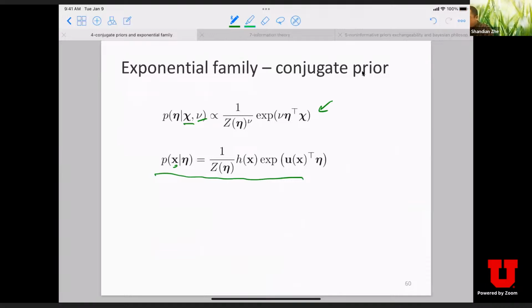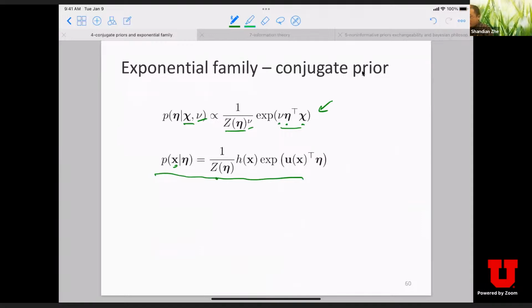In the denominator, I take the same form of z of eta as in the likelihood, but now I take a power of nu. And in the exponent, in addition to this dot product between eta and kappa, I also multiply by a scale nu. This is a general conjugate prior form for this exponential family.